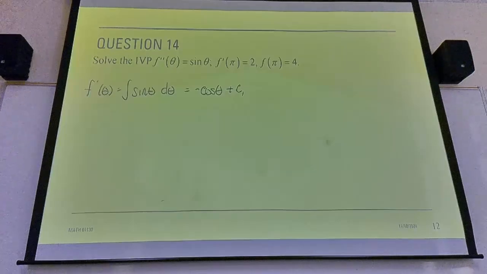You have a choice. You can find C1 now or find it later. In fact, for some more complicated ones, you may have to. It's not going to matter. You can do it now.